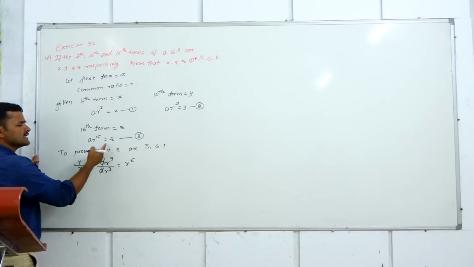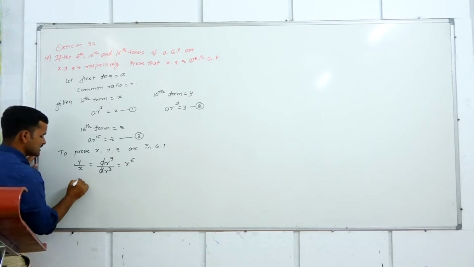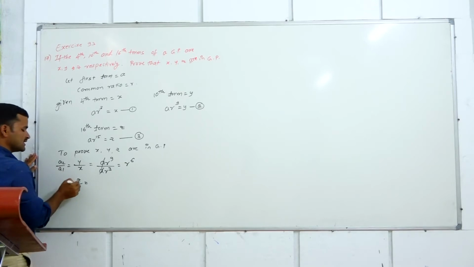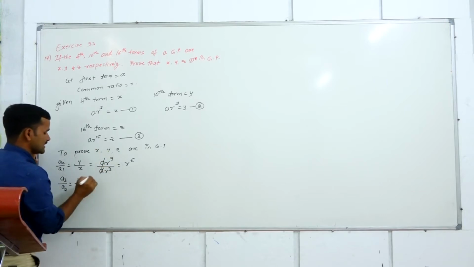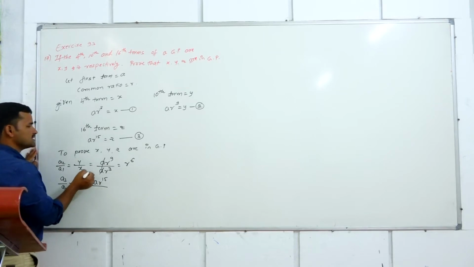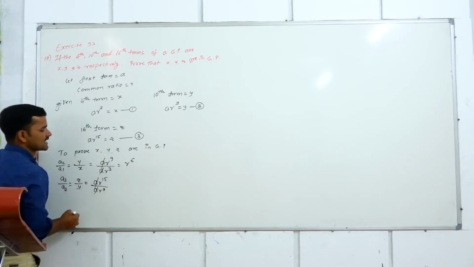Next, you take the ratio between the next two terms, y and z, that is z by y. The first ratio is like a2 by a1 and the next is like a3 by a2. z by y: z is a into r to the power of 15 and y is a into r to the power of 9. a gets cancelled.